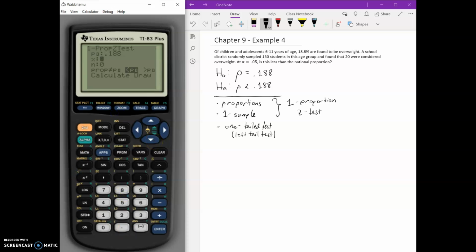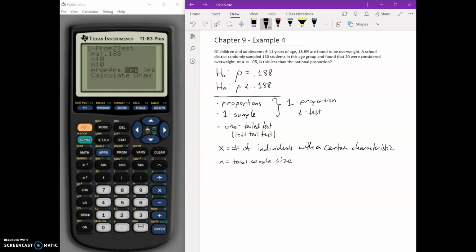X: if you remember when we calculated these data values back in confidence intervals, X was the number of individuals with a certain characteristic. Whatever we're studying, our X is going to tell us the number of individuals with that characteristic. And then N, like usual, is the total sample size.